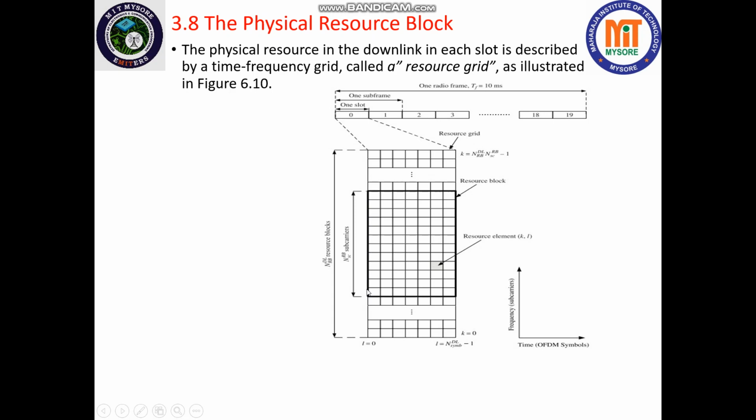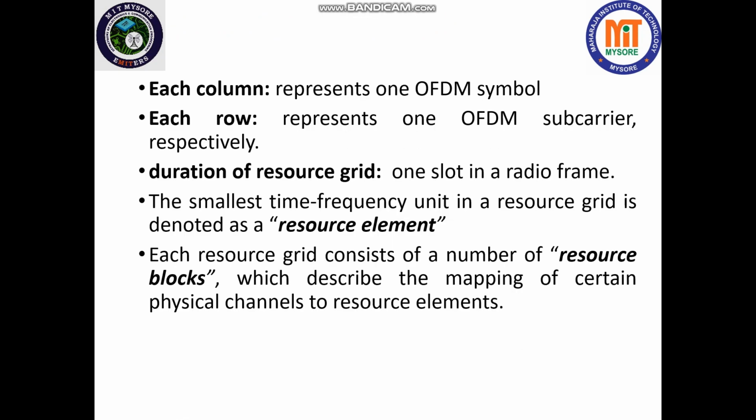In that 180 kilohertz, depending on this delta f value, if it is 15 kilohertz, you are going to get 12 subcarriers. If you have a 7.5 kilohertz subcarrier bandwidth, then you are going to have 24 different subcarriers per resource block.